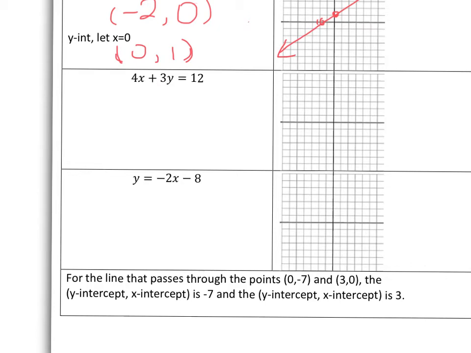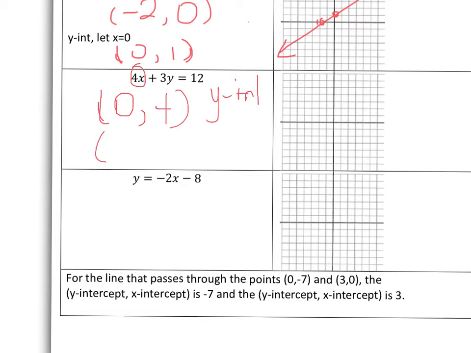To graph this equation, when x is 0, so I can do this. When x is 0, so we sub x for 0, then this would become 0, then 3 times 4 will give me 12, then y will be, okay, that will be my y-intercept.